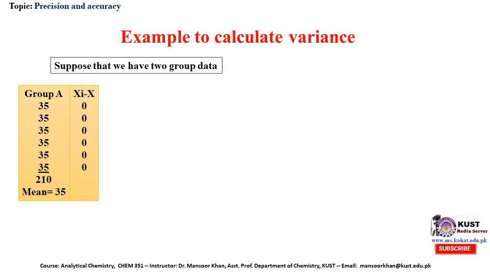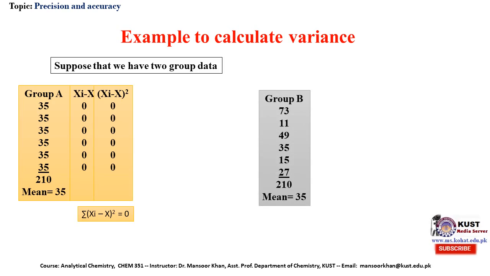The difference between each value and the mean is equal to 0, and the square of the difference between each measurement and the mean is also equal to 0. So the summation of (xi minus x bar) whole square is also equal to 0. Group B consists of 73, 11, 49, 35, 15, 27. The mean value is also equal to 35.